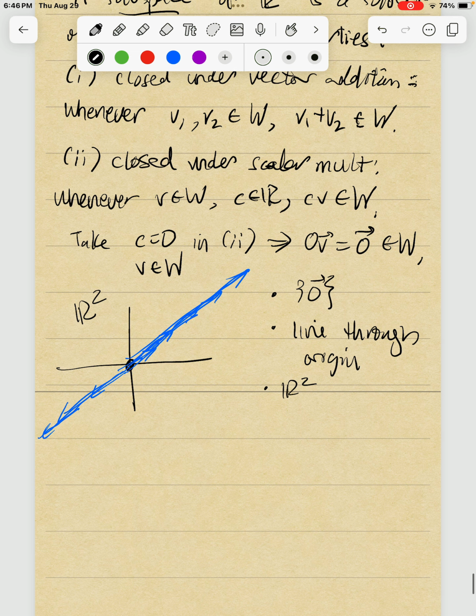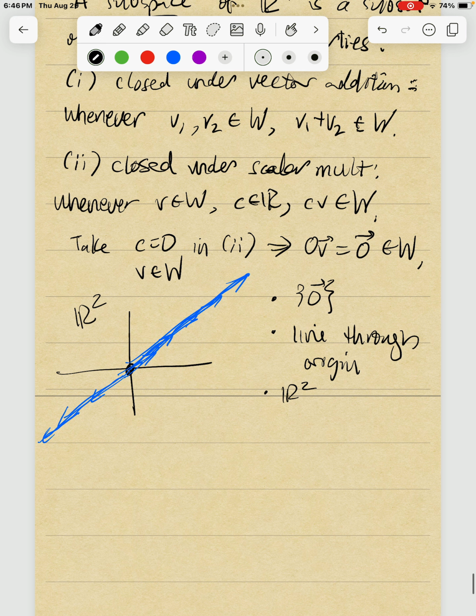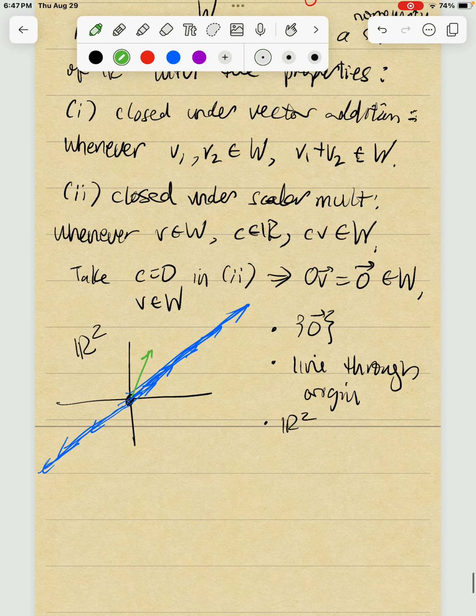Now let's say that you had a subspace of R2 that wasn't this line and it wasn't just the origin. How do you know it's all of R2? Well, because it would have to contain some other vector, and if it contains the blue line and it contains this green vector, by property 2, it must contain all scalar multiples of this line, but it also has to be closed under vector addition. Whenever you take a vector on this blue line and a vector on this green line and add them, the result also has to be in your subspace.